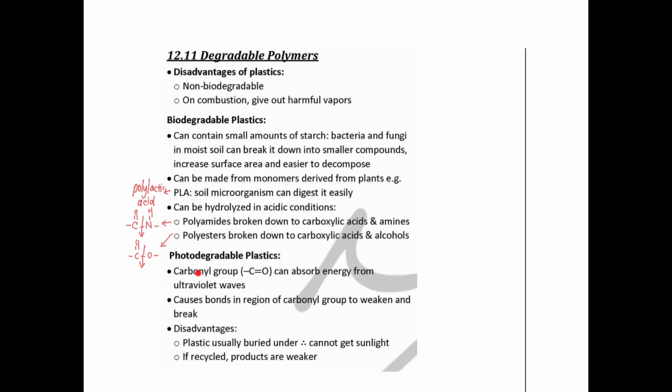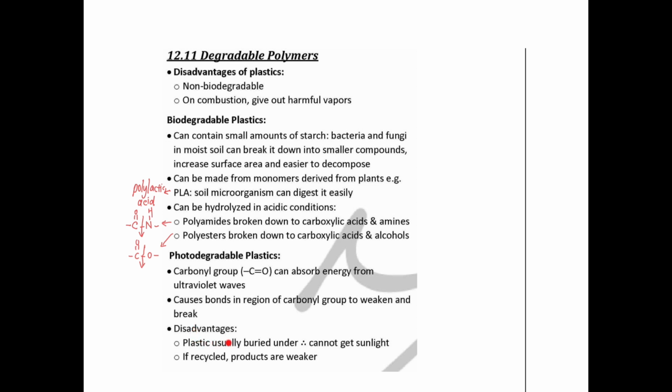Carbonyl groups, C double bond O, can absorb energy from ultraviolet waves. They can use the energy. This causes bonds in the regions of the carbonyl group to weaken and break. So the bond breaks because of the absorption of UV energy.